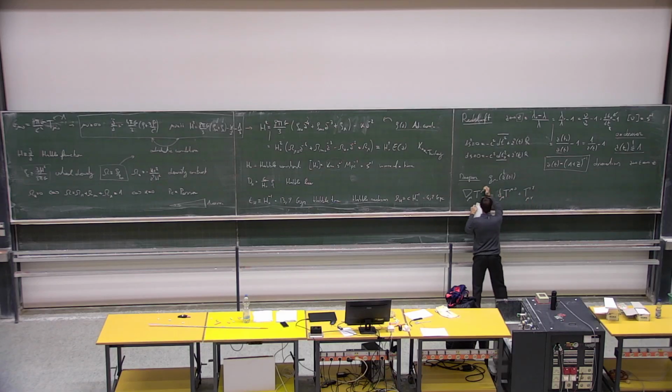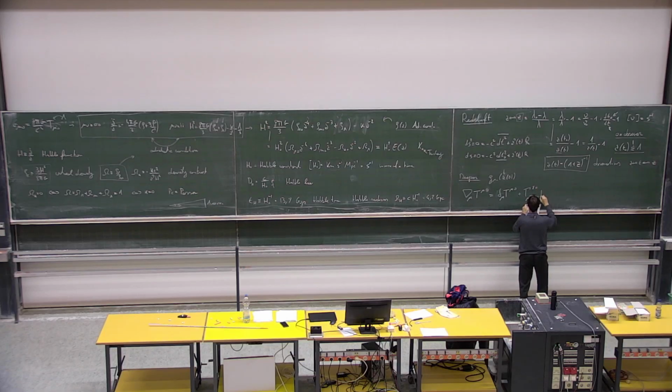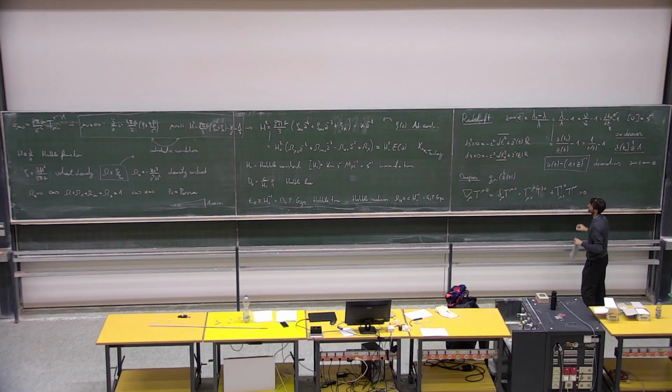If we want to look for the energy conservation, we go for the 0 component: nabla_mu T^{mu 0}, and then the other one, again 0 component, Gamma^mu_{mu gamma} T^{gamma 0}. And that must be equal to 0.